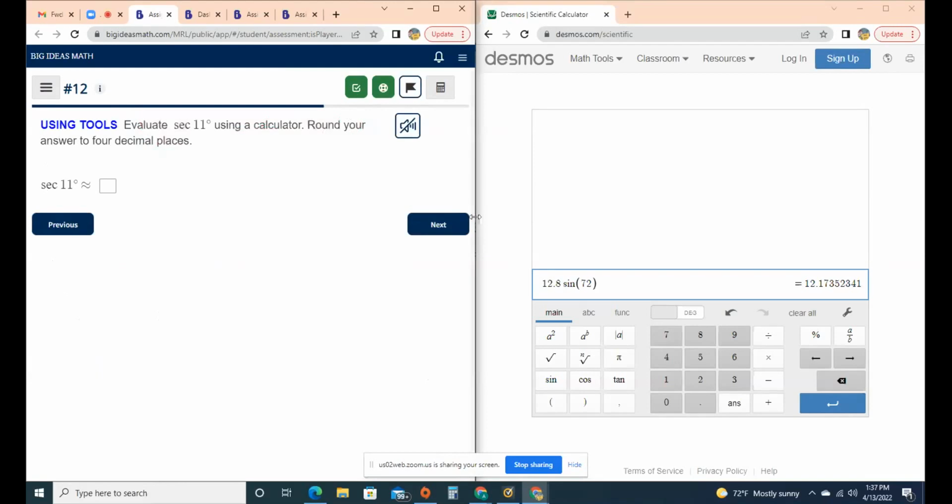All right, so secant is not given in your Desmos. Secant is the reciprocal of cosine. So you remember how we did it for tangent? We did 1 over tangent. So here you have to do 1 over cosine, because secant is 1 over cosine. Okay.